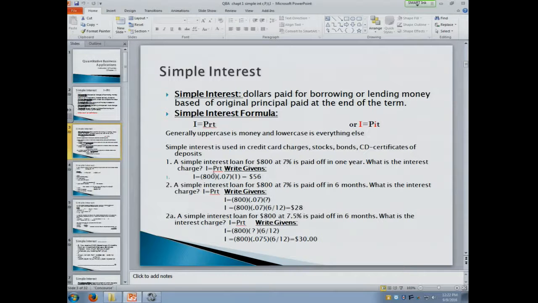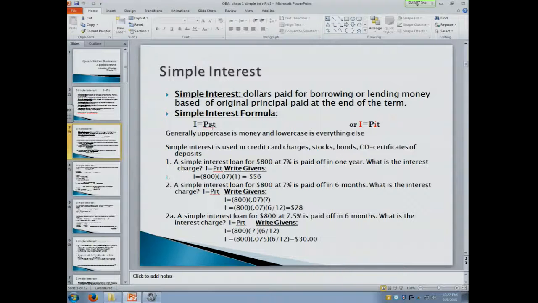I tell students the formula you're going to use for simple interest is right here. I equals PRT. Interest in dollars equals the principal times the rate times time. Now, two things. Rate, your interest rate, is always in decimal form, and your time will always be in years.